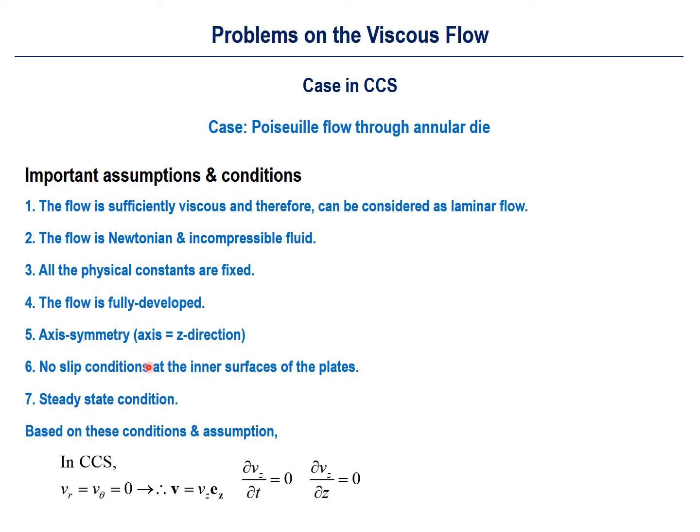So V_r and V_zeta will be 0 in our simplified Navier-Stokes equation. It means that there will be only a z-dependent velocity component in this system. Okay, and there will be no time dependencies, and there will be no z dependencies for the z-directional velocity of the fluid. Using these assumptions and conditions, we can proceed to make the simplification of the Navier-Stokes equation.